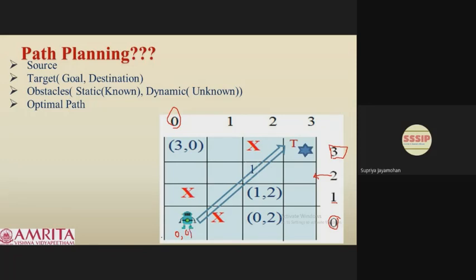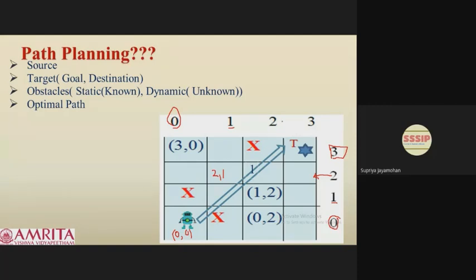And this is actually the starting point for the robot. So next we have the next column, which is going to be 1. Any position in this column will have 1 as its column element. So if you take this, we could write this as 2, 1.